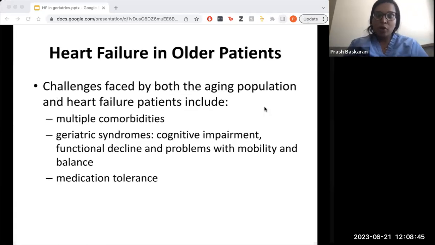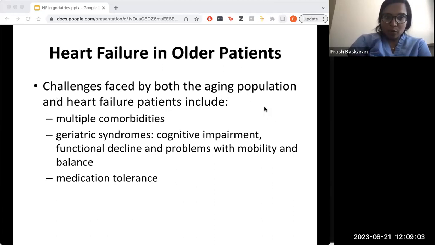When we're looking at heart failure in older patients, we have to consider factors that are found in parallel with the aging population, as well as those with heart failure. As we know, these include multiple comorbidities; most patients we see have CKD, AFib, hypertension, et cetera.